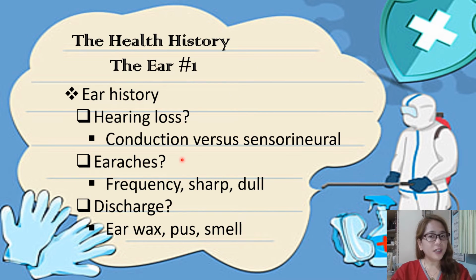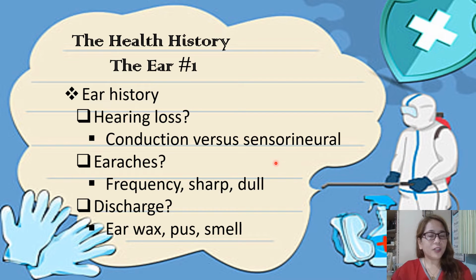For the ear history, you can utilize your OLDCARTS. For checking the hearing loss, for the onset, you can ask your client, when did you first notice the changes in your hearing? For the location, does it involve your left or your right ear, or both ears? For the duration, how long does it last?